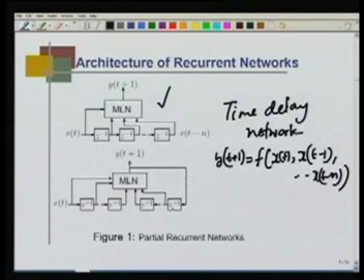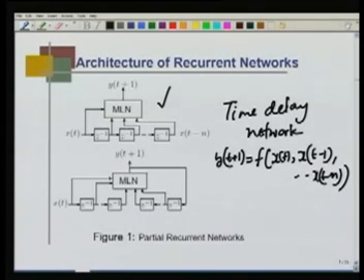In many system identification examples, another kind of network is also used, where you see a multi-layered network structure as the main body, but the input to the multi-layer network includes delayed versions of x(t): x(t), x(t-1) up to x(t-n). Similarly, here the response is delayed: y(t) up to y(t-m), say.